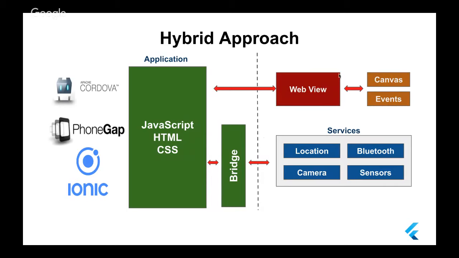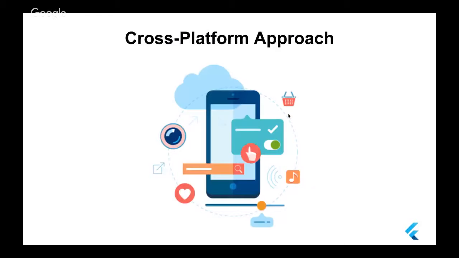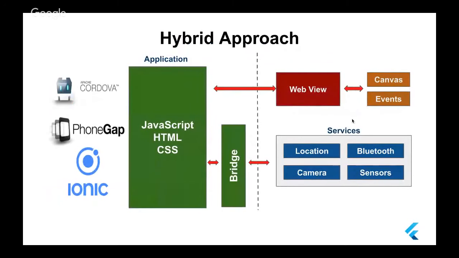And after this approach came, a lot of companies said, why are you not able to use the native OEM widget system here? I had to use Kotlin or Swift to build my application, or drop all of that and use HTML, JavaScript, and CSS to build my application.